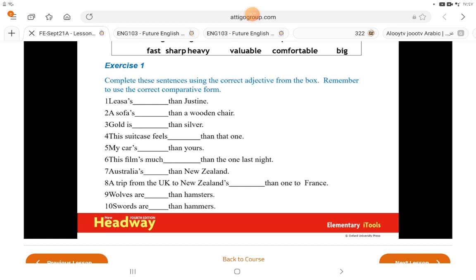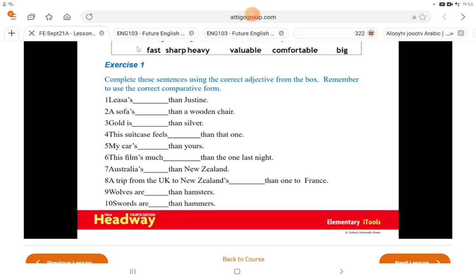The trip from the UK to New Zealand, use this word, faster than the one to France. Very good. Okay, good. So who was the lady? Haneen, right?